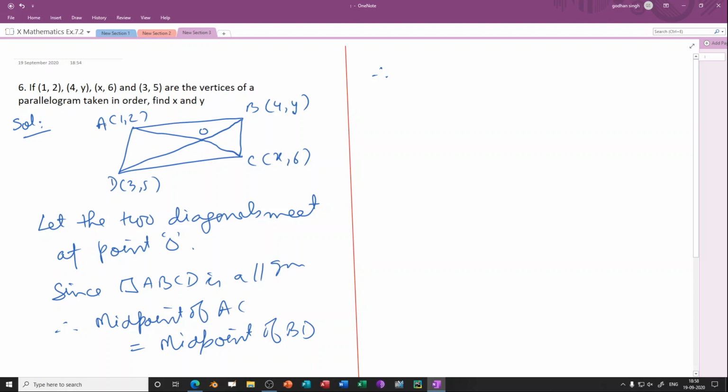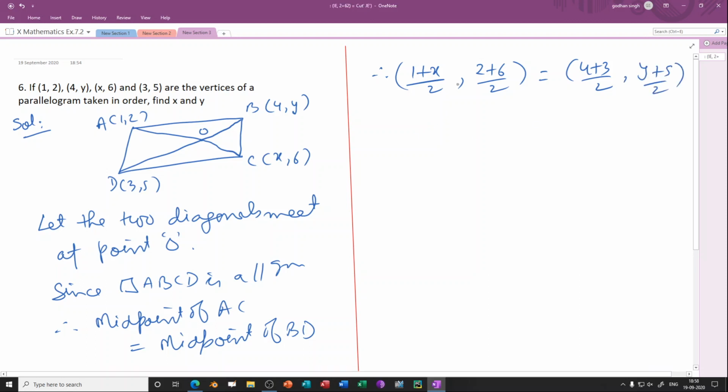So adding the x coordinates of points A and C, we'll get 1 plus x over 2, and now adding the y coordinates of A and C, that is 2 plus 6 by 2, equal to, now we'll find the midpoint of BD, that is 4 plus 3 by 2 and y plus 5 by 2.